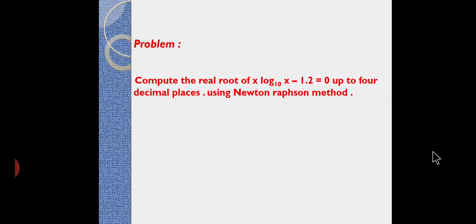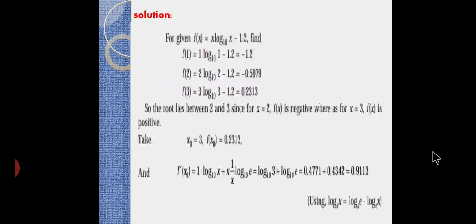So here the given function is x log x base 10 minus 1.2. It is also given that iterations are carried out up to 4 decimal places, which will be equal.